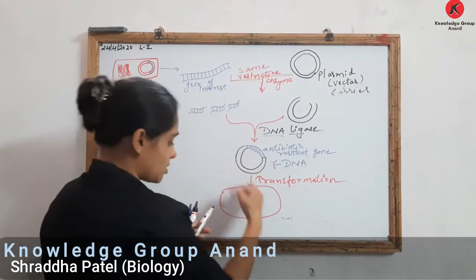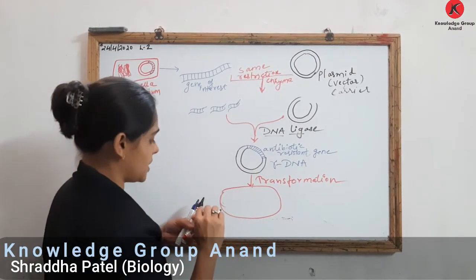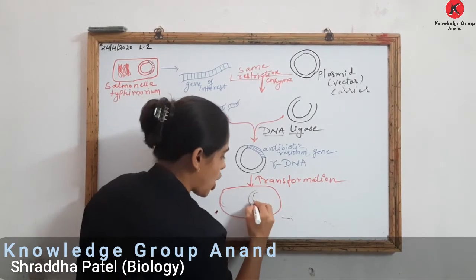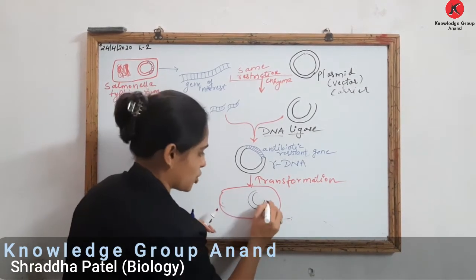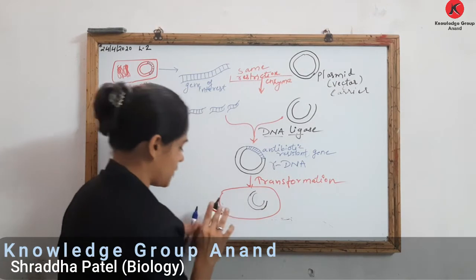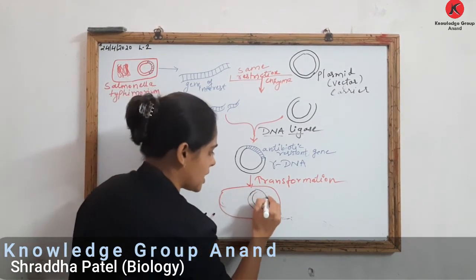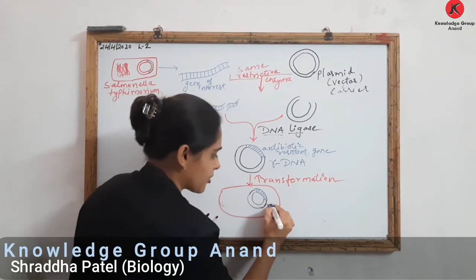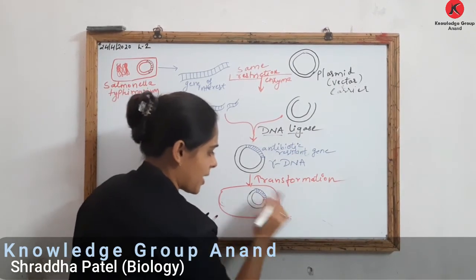This is what transformation means. We are going to transfer our recombinant DNA. The process of transformation we are going to understand in detail a bit later. So this is transformation. Where has this recombinant DNA come now?